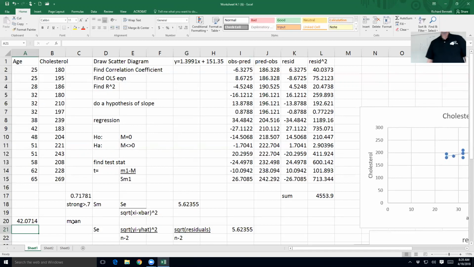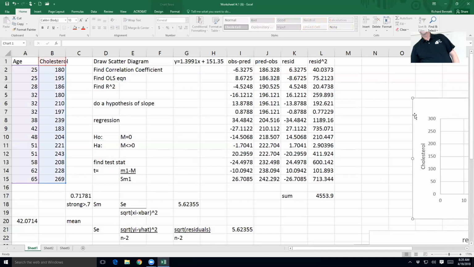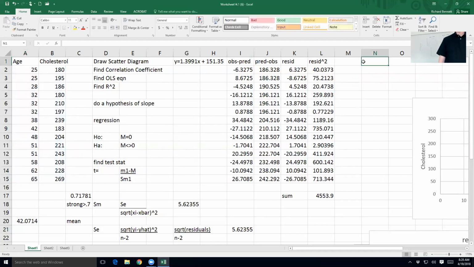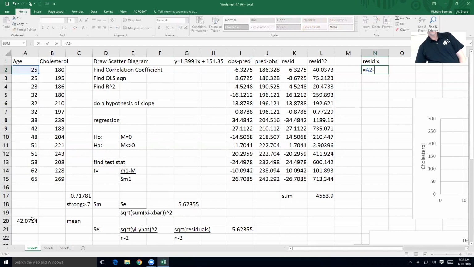So what do I do? You could kind of think of this as the residuals for the X. Oh, in fact, I wrote that wrong. There's supposed to be a sum in here, the sum of that. So now let's think of this as the residuals for the X. We're going to take 25 and subtract 42, and I want to subtract 42 every time.